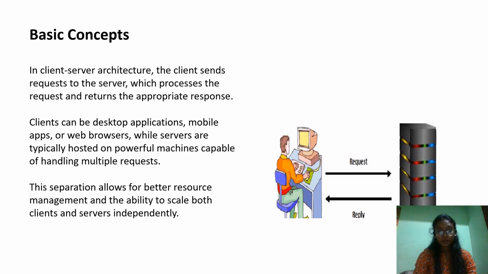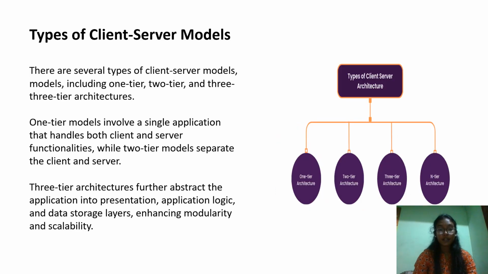Next comes types of client server model. There are several types of client server model including one tier, two tier and three tier architecture. One tier model includes a single application that handles both client and server functionalities, while two tier model separates the client and server.